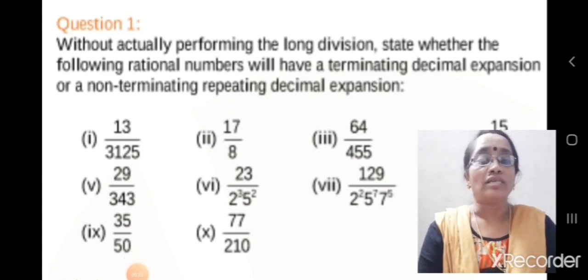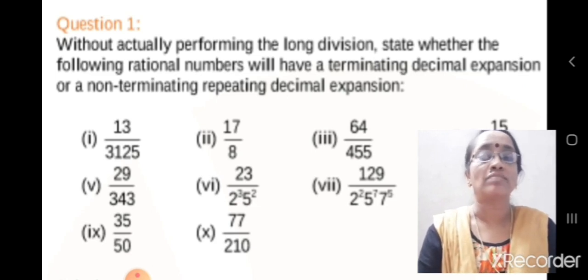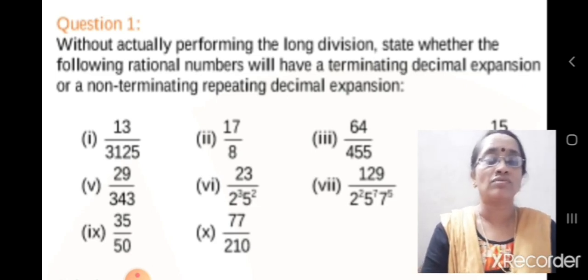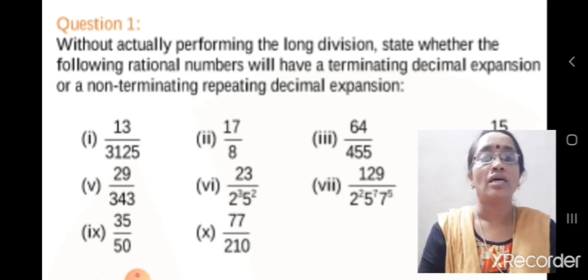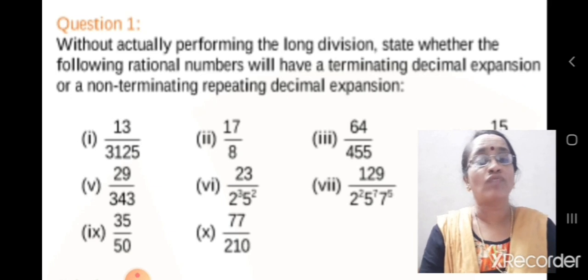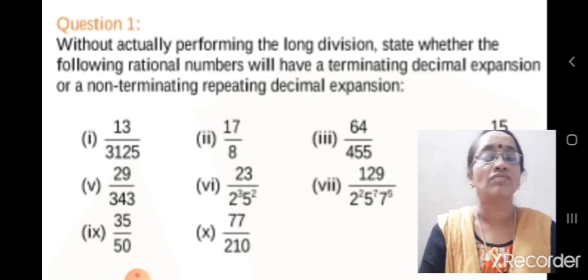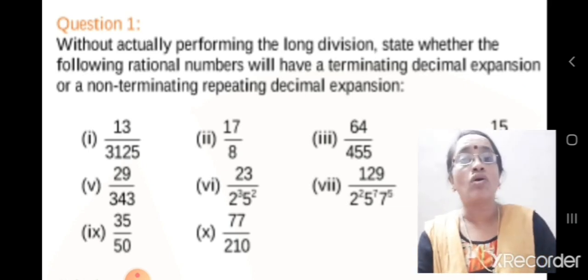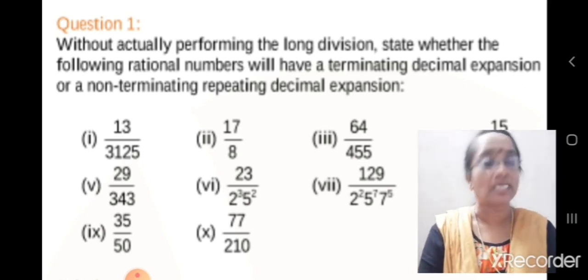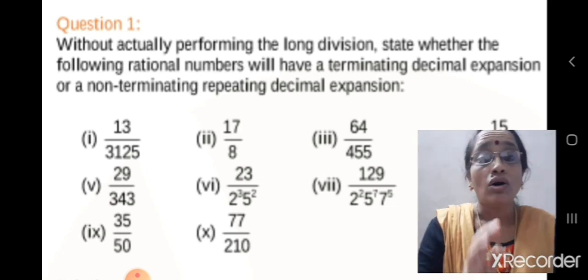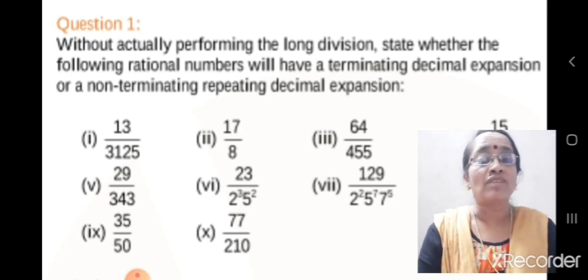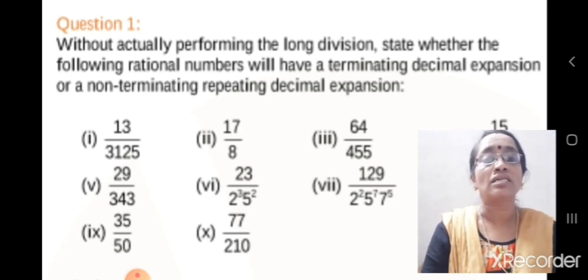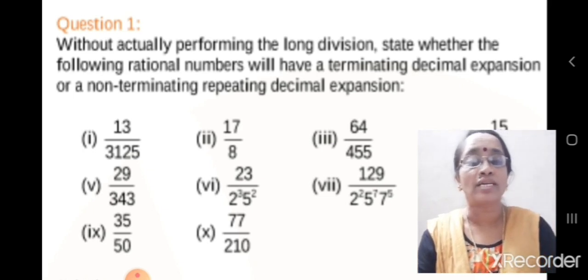Question number 1 of exercise 1.4, the last exercise of this chapter, is based on the three theorems we have just discussed. Without actually performing the long division, state whether the following rational numbers will have a terminating decimal expansion or a non-terminating repeating decimal expansion. These are the questions given, starting with 13 by 3125.